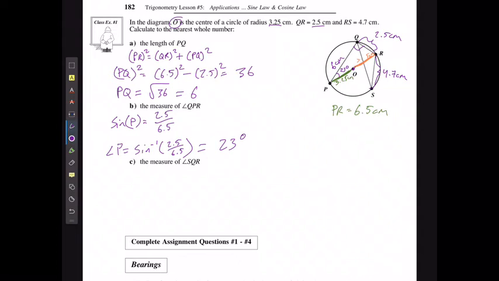Now what it wants to know is what is the angle of S to Q to R? Well, if I'm just looking at this and I go from S to Q to R, it's just going to be part of this triangle, where if I'm trying to solve SQR, I just want to know what that angle is.